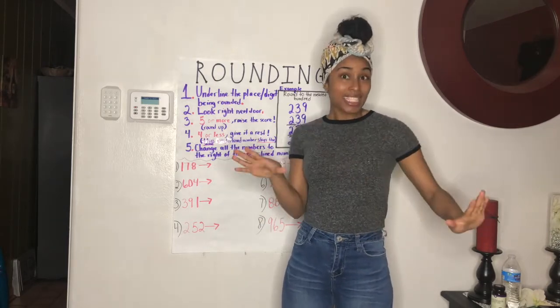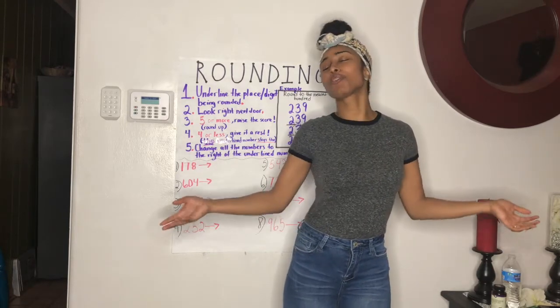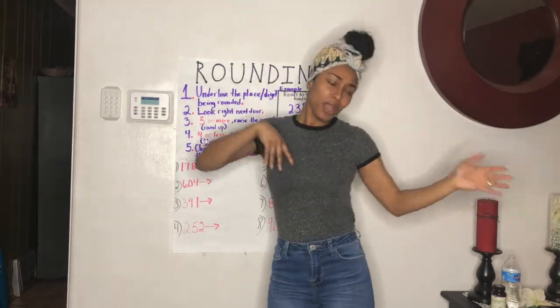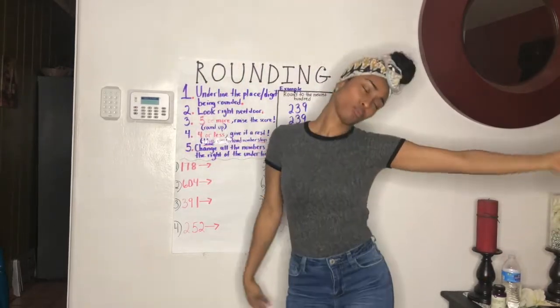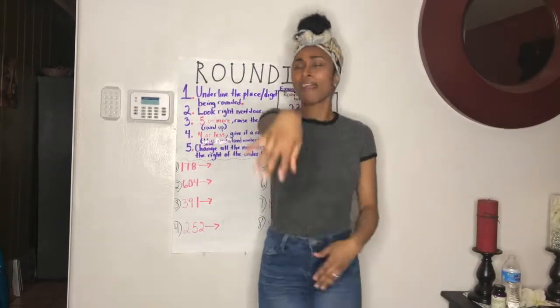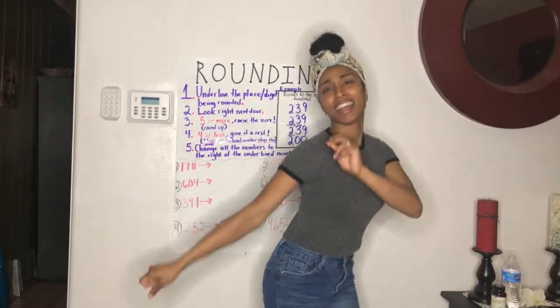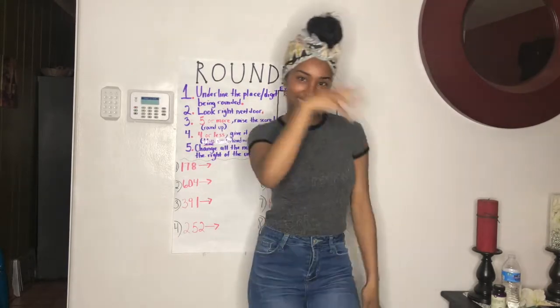Now, let's practice counting by 100s. So friendly, so happy, so friendly. 100, 200, 300, 400, 500, 600, 700, 800, 900, 1,000.